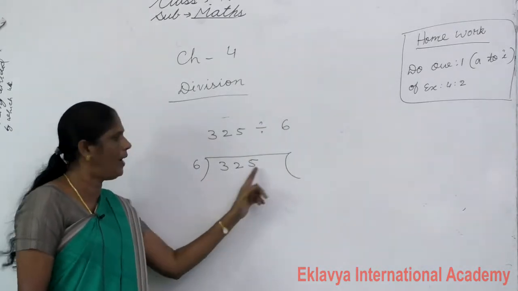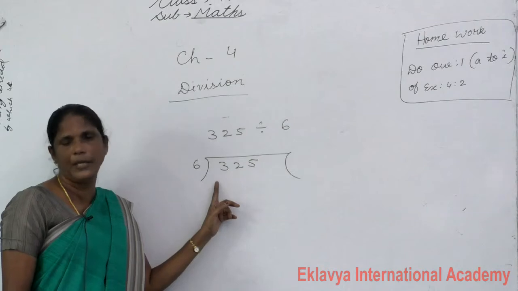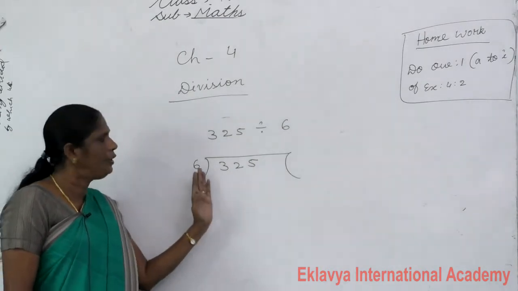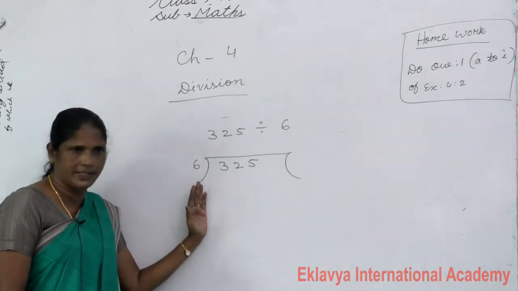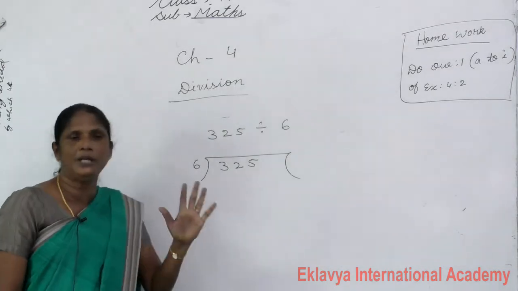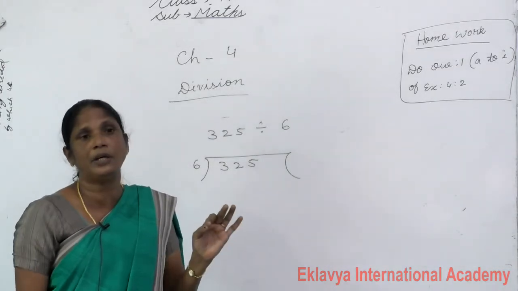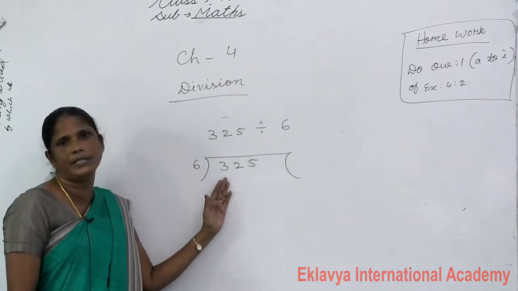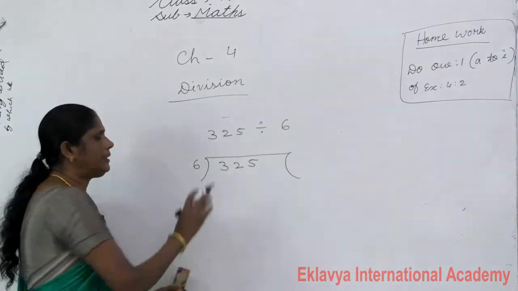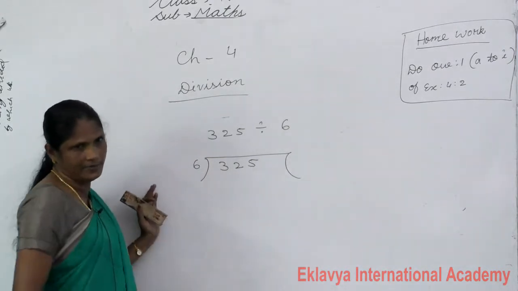Here, 1 times 100 place, you start here. If your number is a 4-digit number, you start with the 1000 place. If it is a 5-digit number, you start with the 10,000 place. Now our number is 100, so we start with the 100 place.